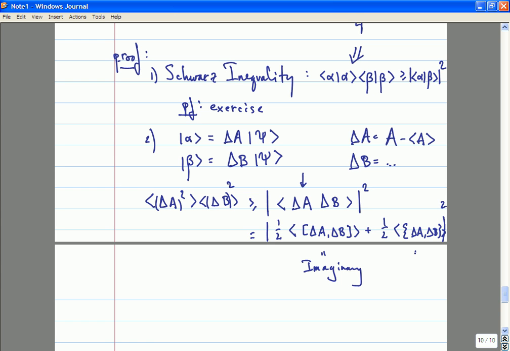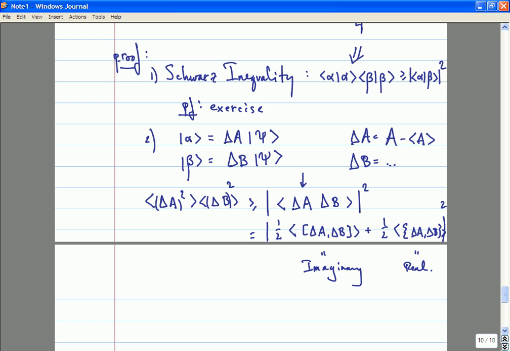So, for example, the commutator of any two Hermitian operators is an anti-Hermitian operator whose expectation value is imaginary. You're going to prove that on your problem set if you haven't already. It's easy. And the anti-commutator of any two Hermitian operators is always real for very similar reasons. So the anti-commutator of any two Hermitian operators is always Hermitian. Okay. Prove that if it's not clear. And so the expectation value will always be real.